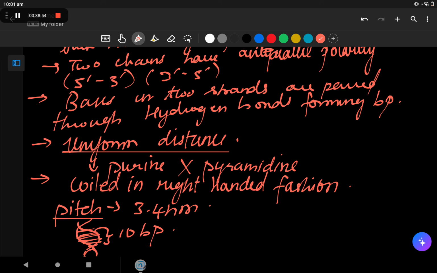Consequently, the distance between the base pairs of the helix will be approximately equal to 0.34 nanometer. This is the distance. Got it? So if I have to give you a clear diagrammatical information, then it would look like this.